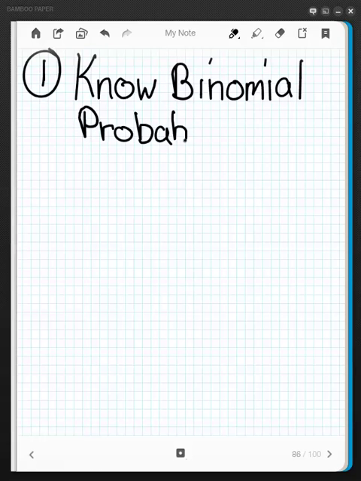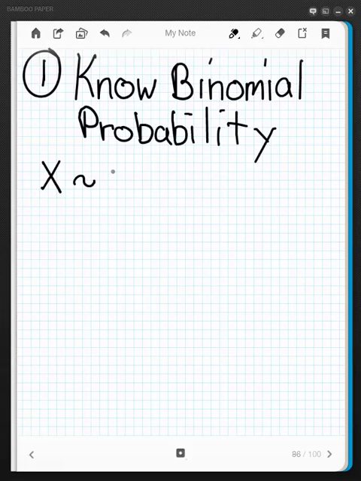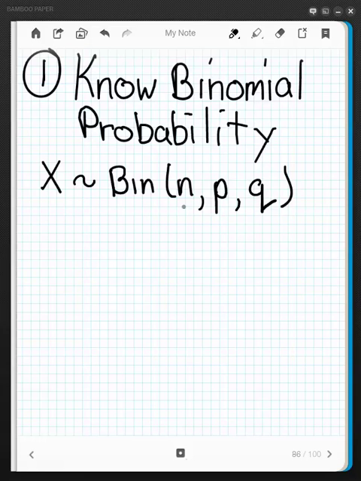But because I want to make a relationship between the newer material and the older material, I need to have this brought forth again. So you know that X is distributed binomially with some n, some p, and some q. That's a binomially distributed random variable.